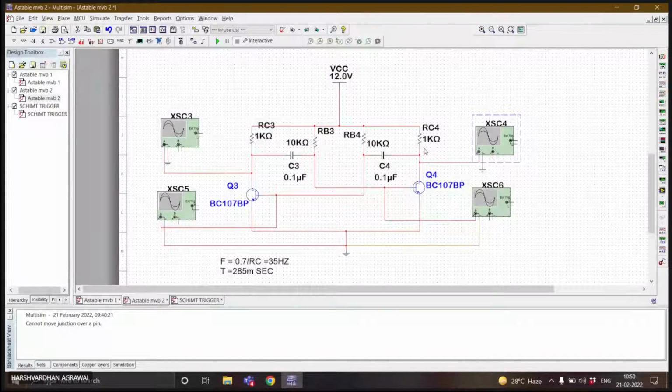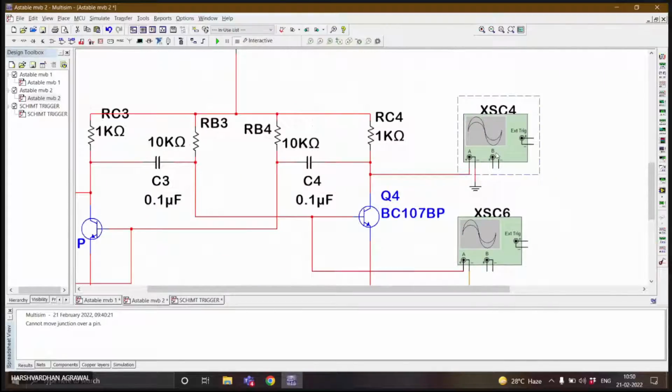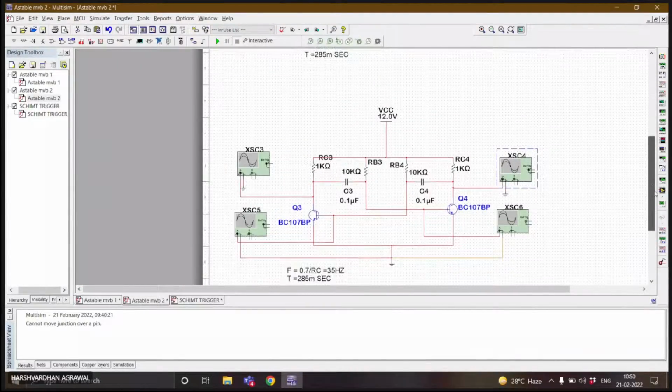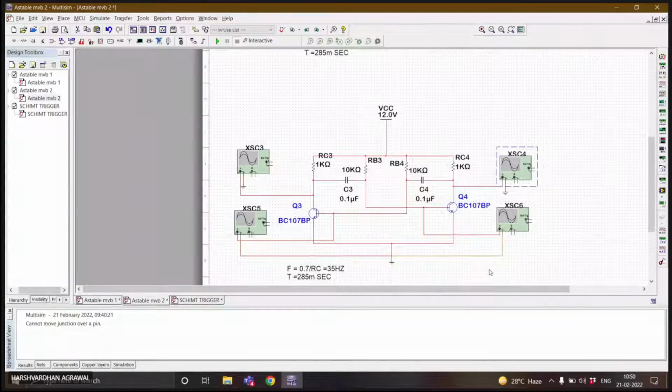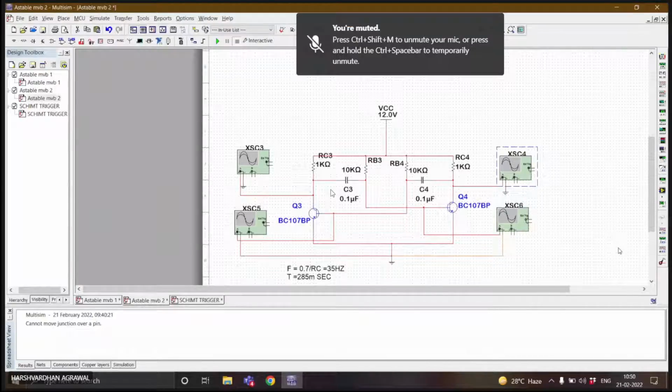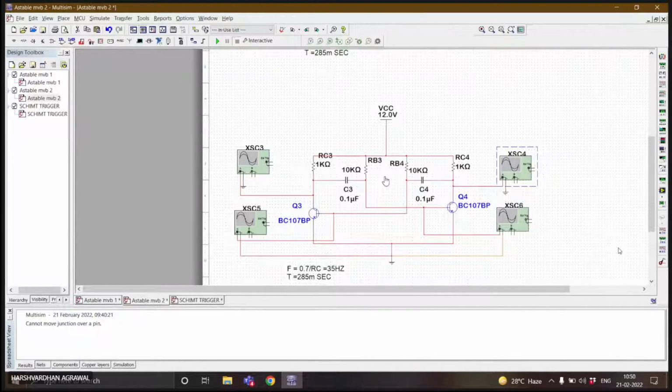Ma'am, there is no problem. I checked the connections again. Then what is the issue? Okay, try using R1 and R2.